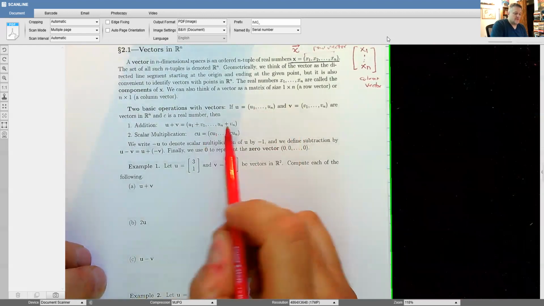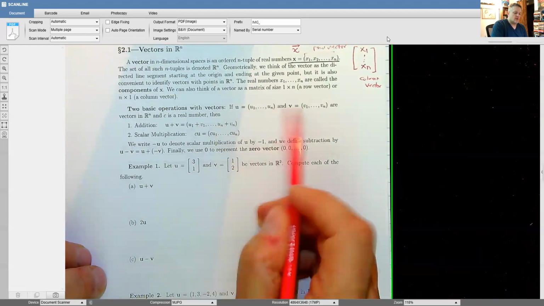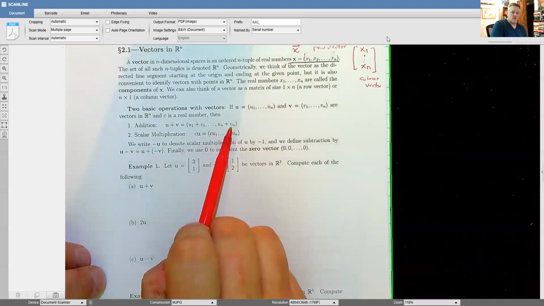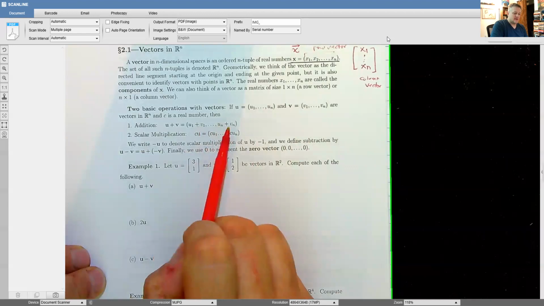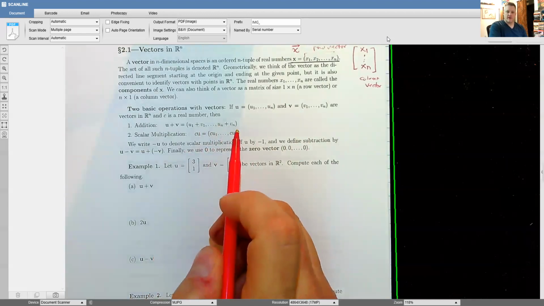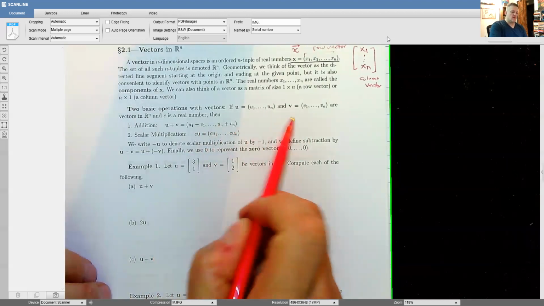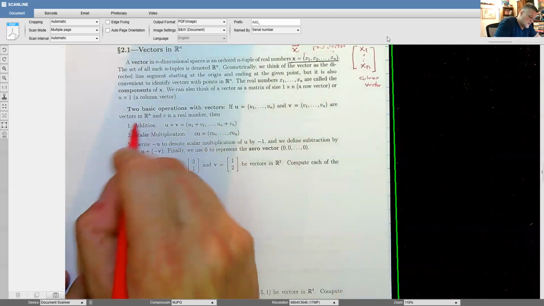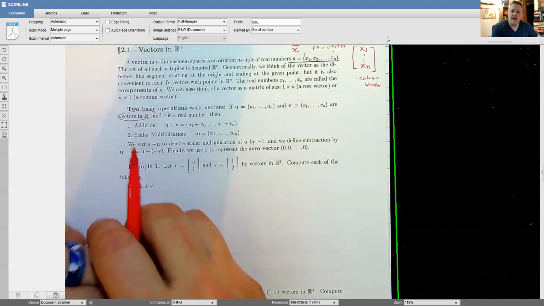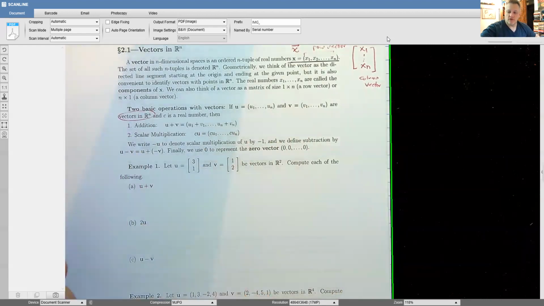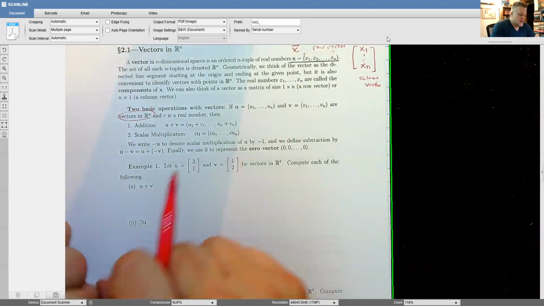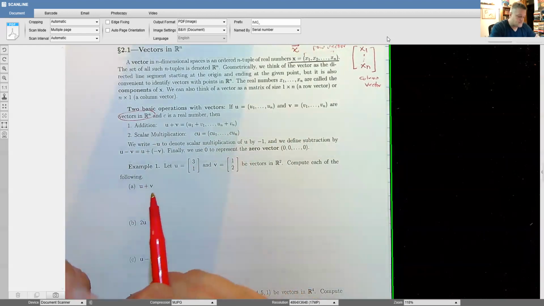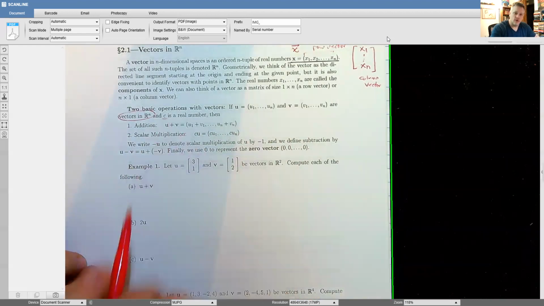If you have a different number of components, you're not going to be able to form a vector by adding corresponding components, for instance. If one has fewer than the other, there's going to be a component that's not defined. So these are vectors in Rn. You cannot add or subtract or deal with vectors in any way unless they're in the same space. Okay, and we'll let C be a real number.